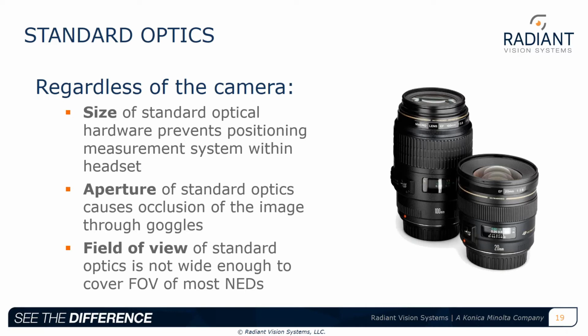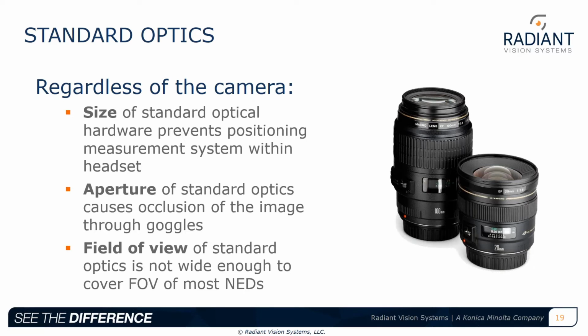These lenses generally are just not adequate for measurement or characterization of a wide field of view near-to-eye system. There are a number of problems. One is just the physical size of the hardware. It would be difficult to get one of these large lenses into the same position as where an eye would be located inside of one of these heads-up display goggles or near-eye goggles.